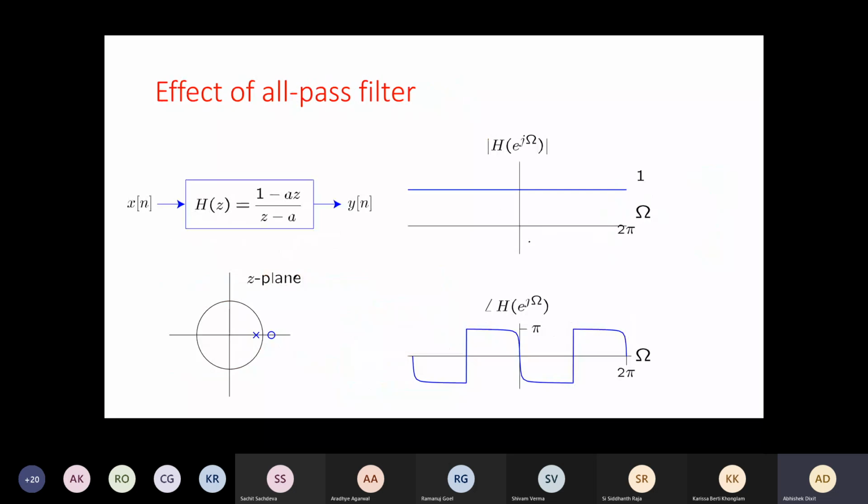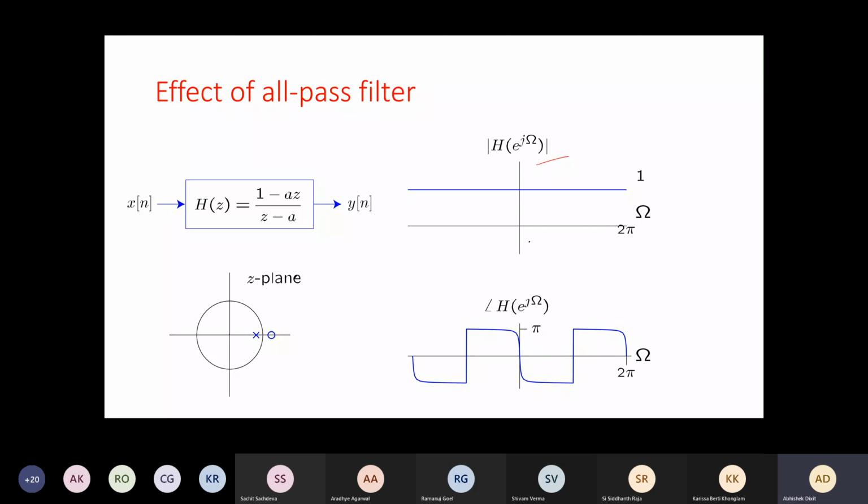Now let us look at the effect of an all pass filter. The filter that I have designed is an important filter in filter designing. Its magnitude frequency response is constant. However, if you analyze its phase response, it is something like this.